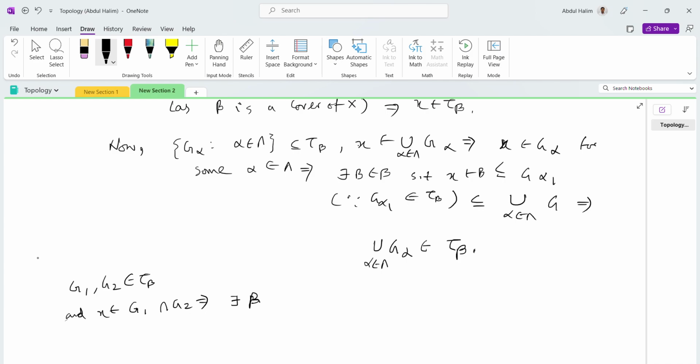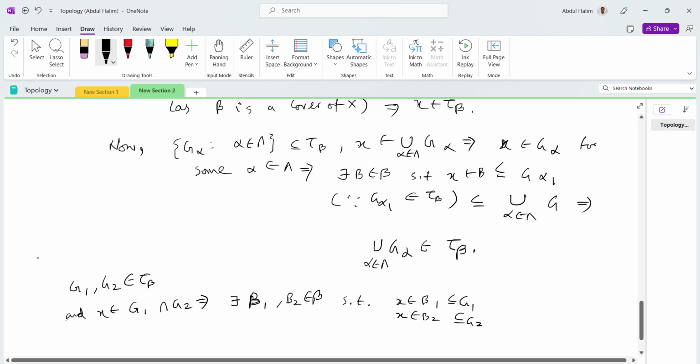Now G1 and G2 belong to tau beta, and x belongs to G1 intersection G2.